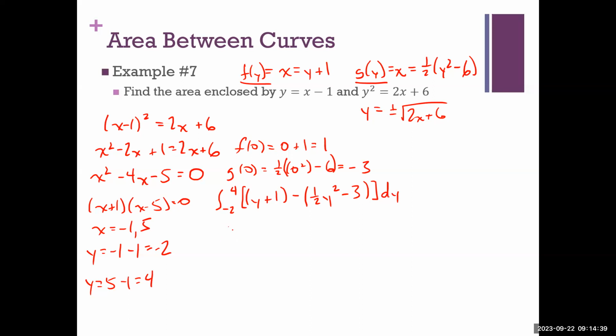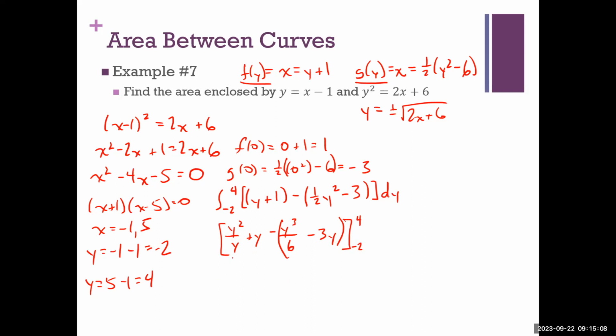Okay, y squared over 2 plus y minus y cubed over 6 minus 3y. We still have to have this parentheses here. So some of you are probably wondering why we didn't simplify first. You can.